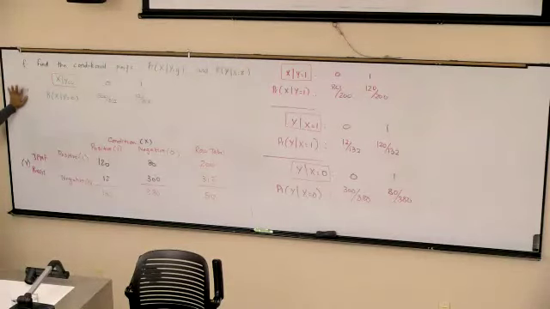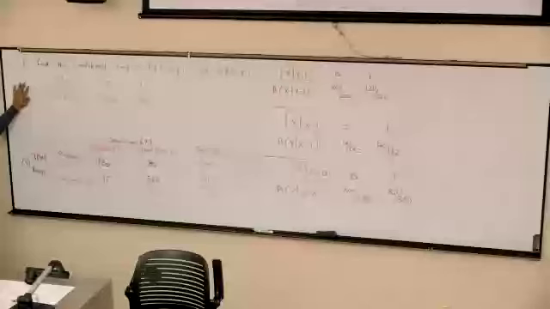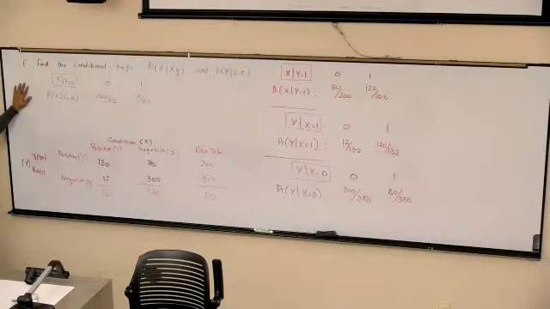Now here I have y equals 0, conditioned on y equals 0. Does x have one single value? It could have 0 or 1. Do they happen with certainty on one or the other? They have a probability distribution.